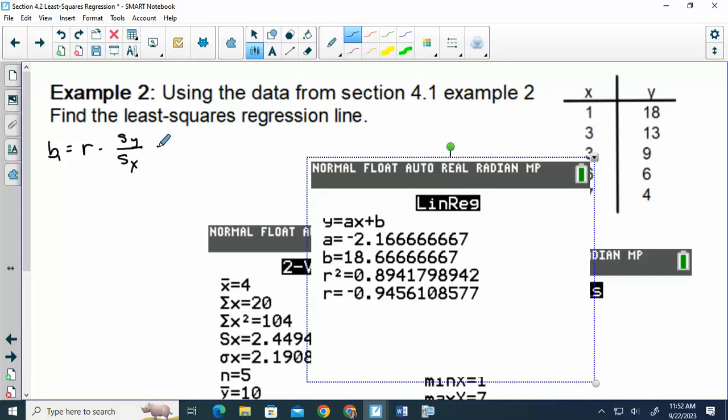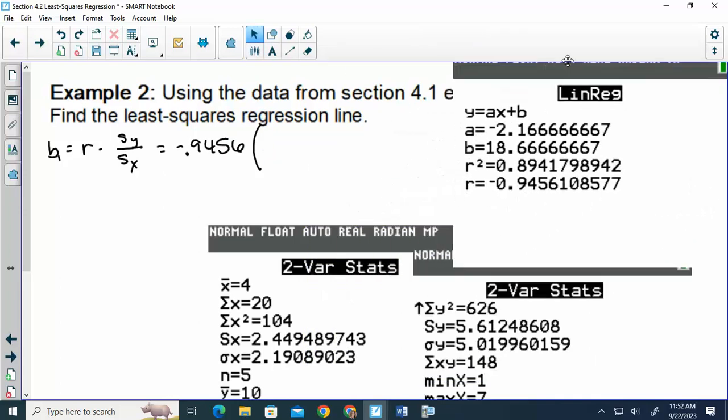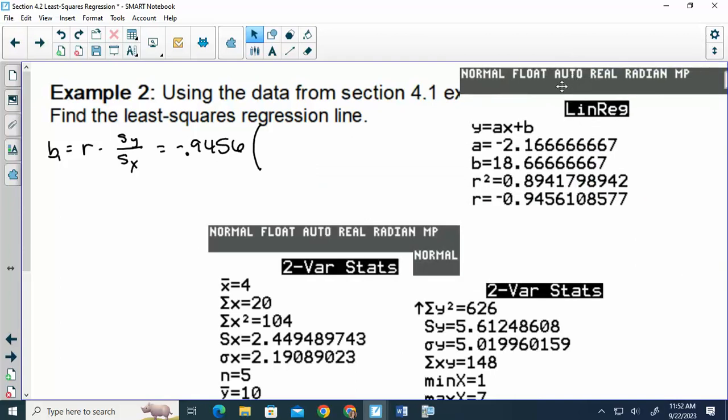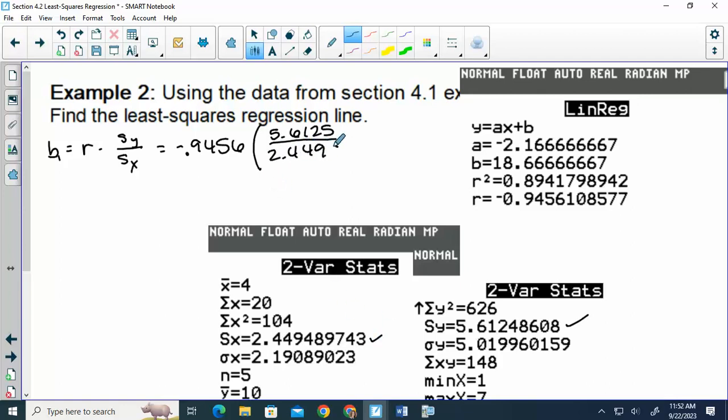So the r is negative 0.9456 times standard deviation in y. If I look at my calculator, standard deviation in y is 5.6125 divided by standard deviation in x, 2.4495.